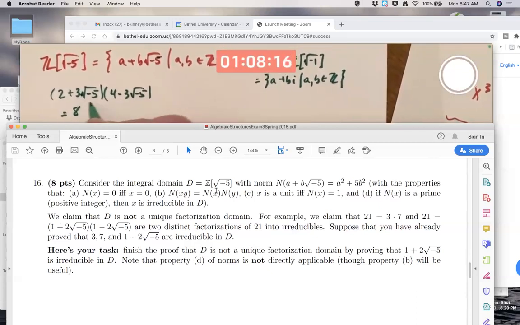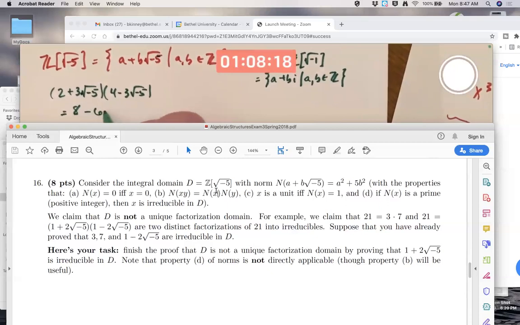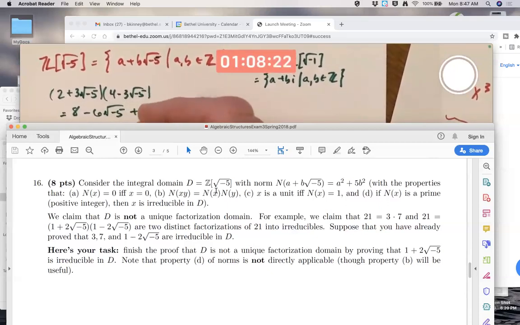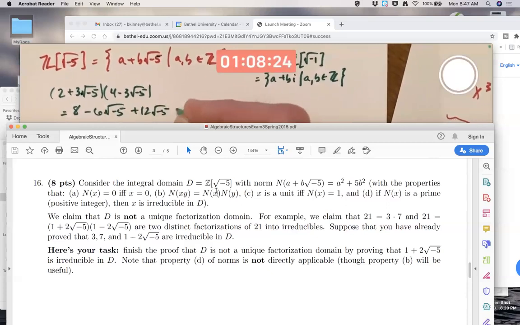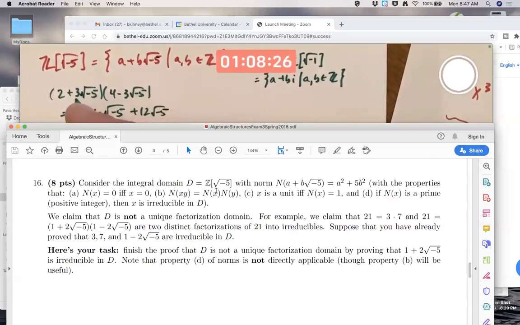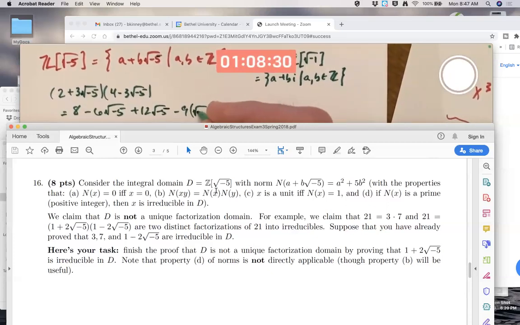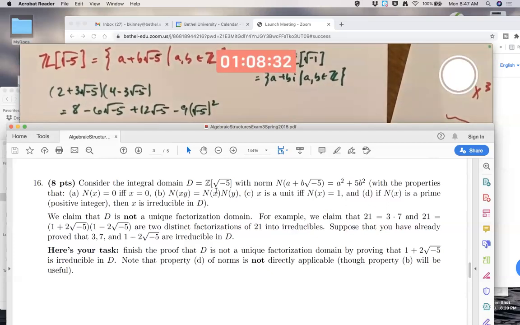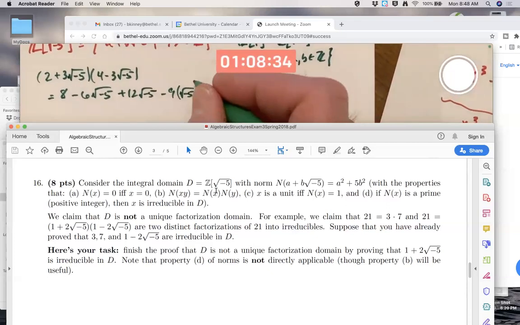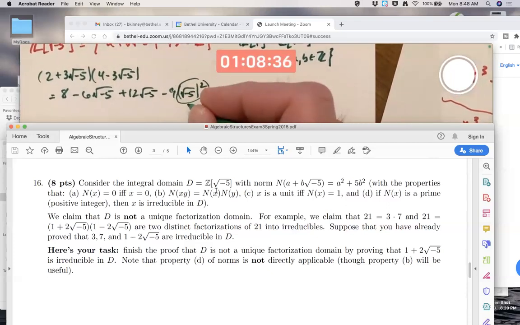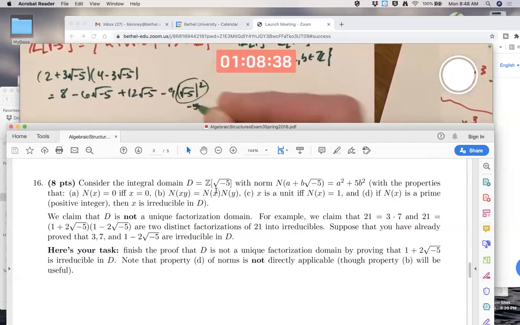Outside times outside is -6 square root of -5. Inside times inside is plus 12 square root of -5. And last times last is -9 times square root of -5 squared.